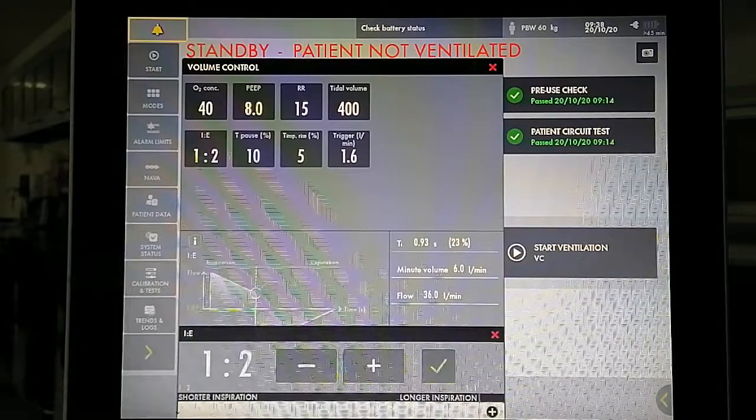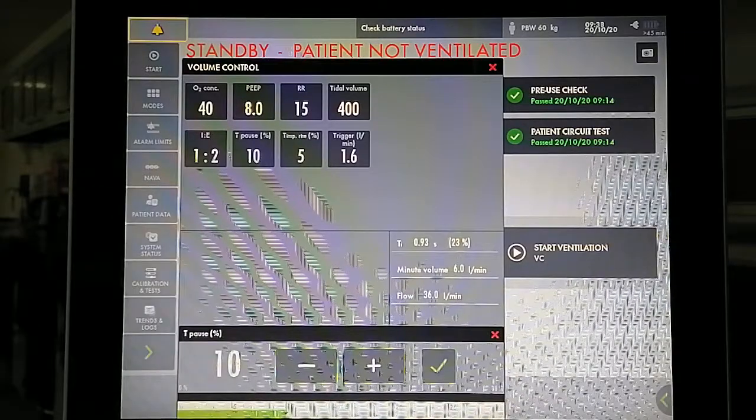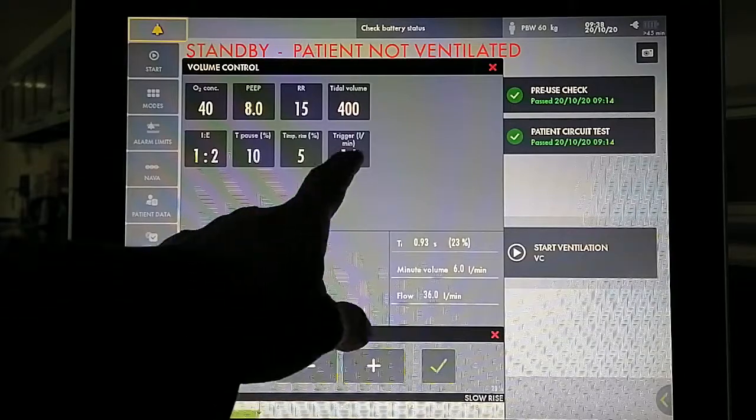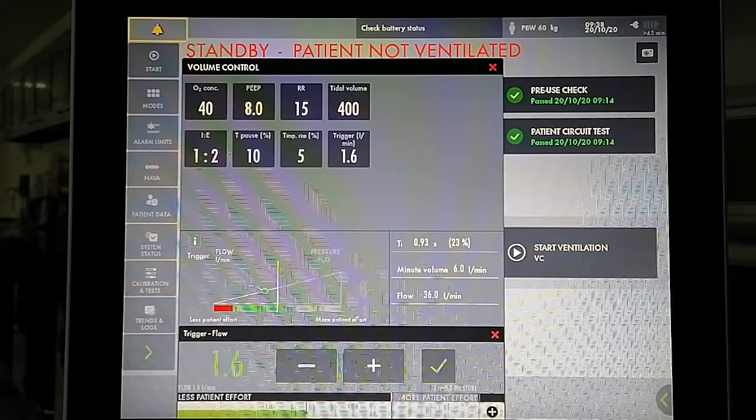Then the pause time, the inspiratory rise, and the trigger. Basically those are the parameters that you need to set when you select volume control in the ServoU.